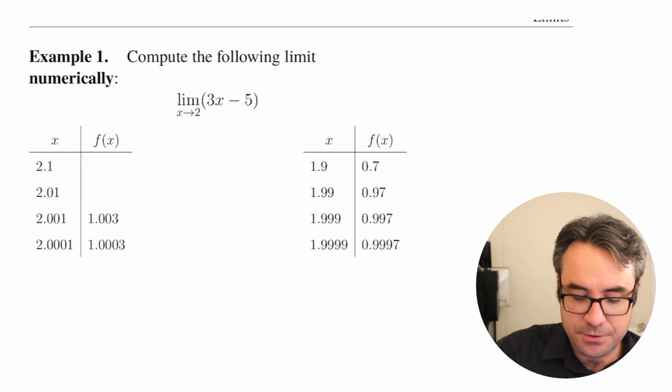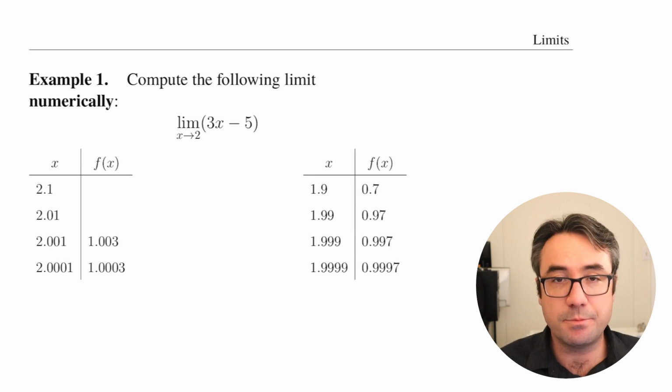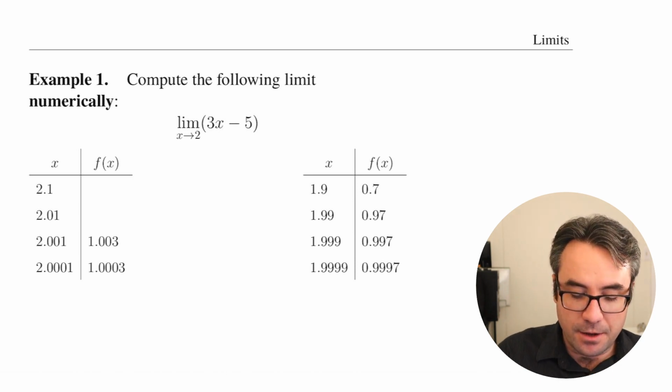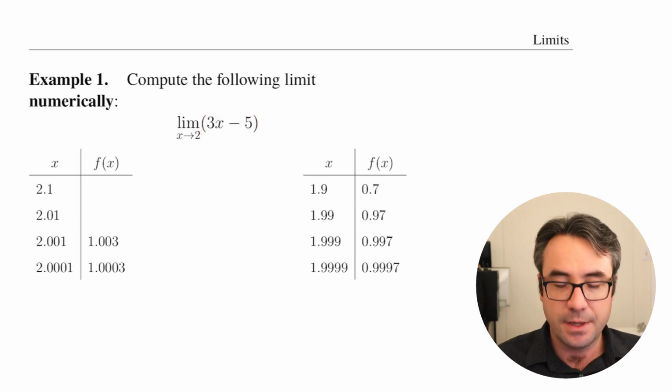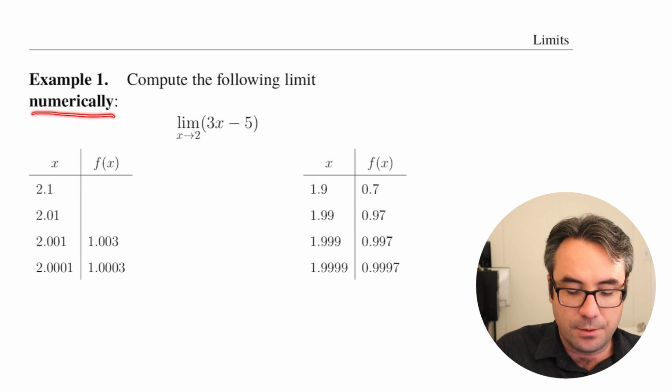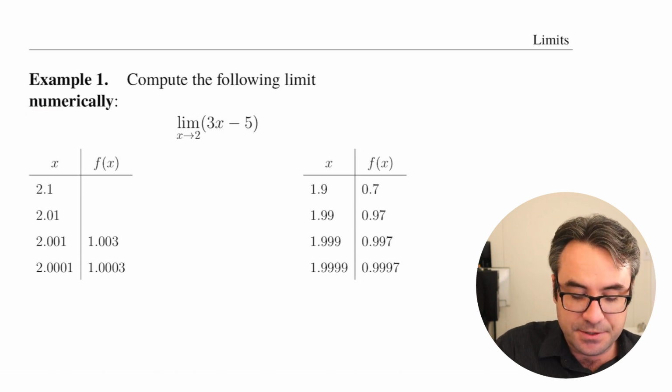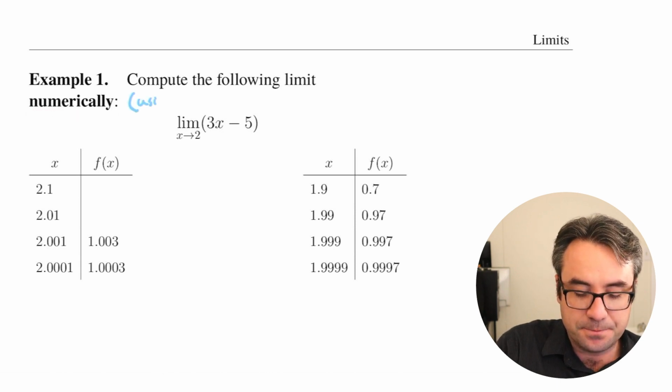So that's what we're going to do in this example. We're going to compute the limit of the function 3x minus 5 as x approaches 2, using the numerical approach, which means using tables.